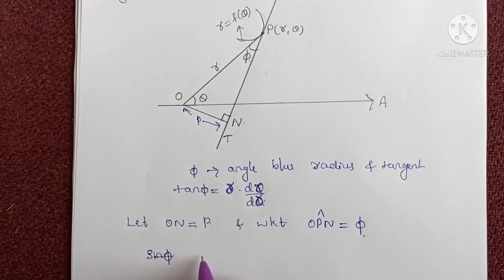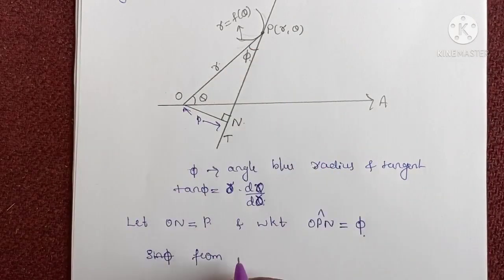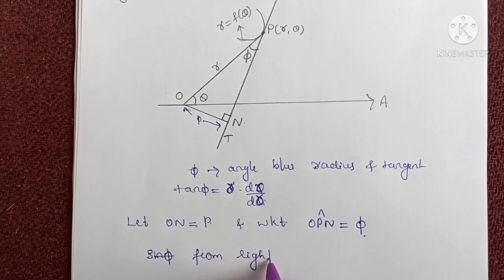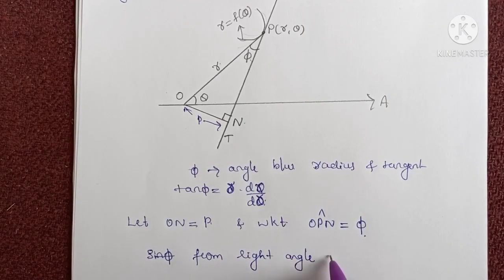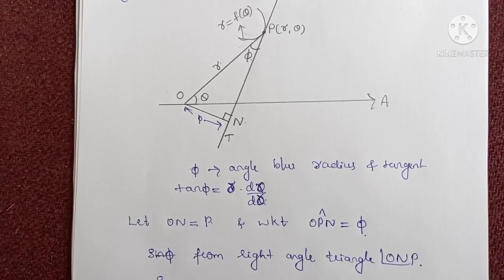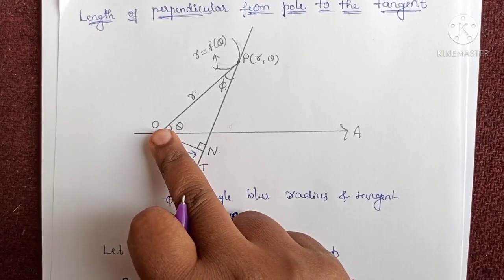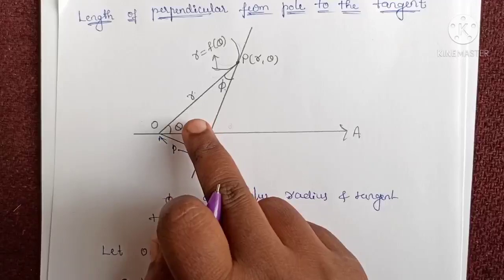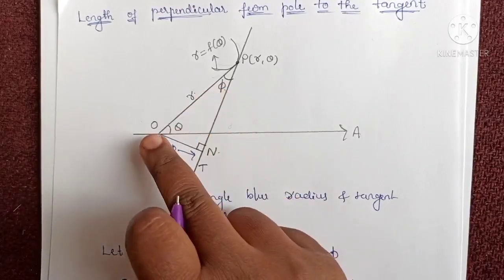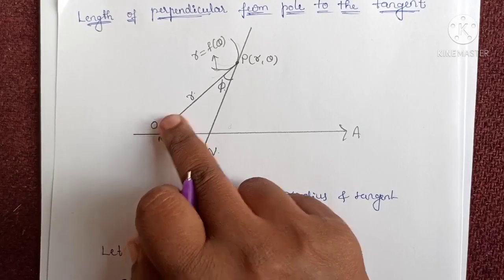From right angle triangle ONP, we define sin phi. So sin phi is equal to opposite by hypotenuse. Here the opposite of phi is ON, and the hypotenuse is OP.